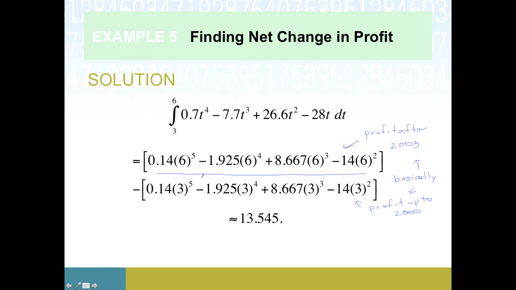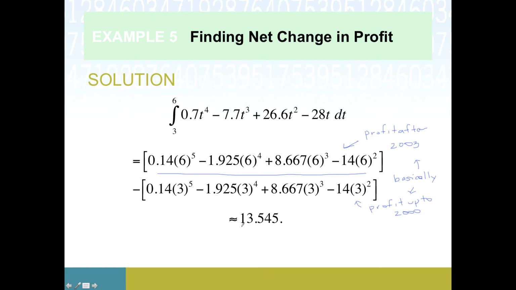So in this context, the fundamental theorem of calculus looks really smart. It's just saying if you undo the derivative, get rid of this whole derivative business, go back to the original profit functions. Absolutely, if you take the profit in 2003 and you subtract the profit in 2000, you're going to get how much profit changed between those two. So I really like doing some applications with these because it puts the fundamental theorem of calculus in good perspective.